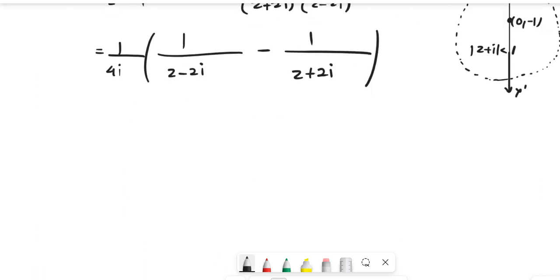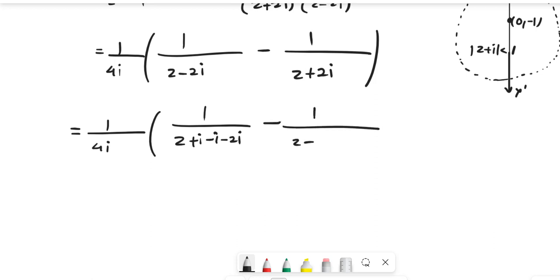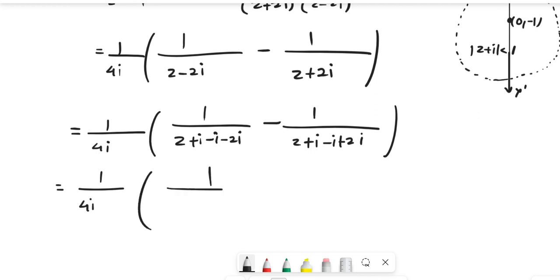So we will adjust here: 1 upon 4i times 1 upon z plus i minus i, with an adjustment of plus i, and minus 1 upon z plus i minus i plus 2i. So 1 upon 4i will give 1 upon z plus i minus 3i minus 1 upon z plus i. Simplifying, we will get plus i.